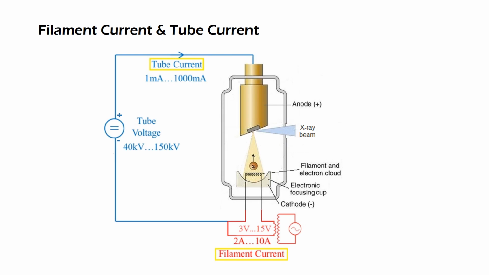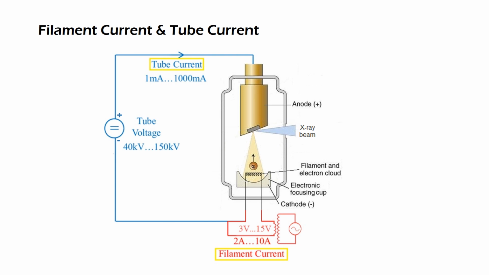Filament current and tube current. Two electrical currents flow in an X-ray tube: the filament current and the tube current. The X-ray tube current is actually controlled by changing the filament current.